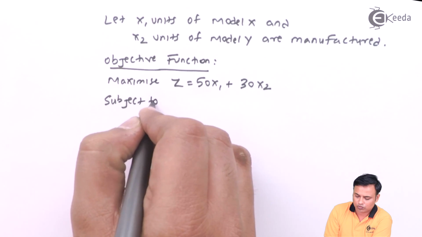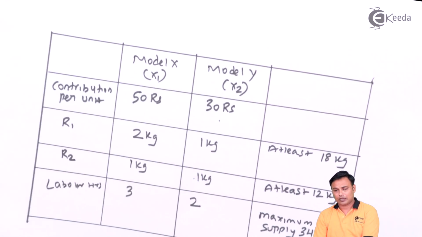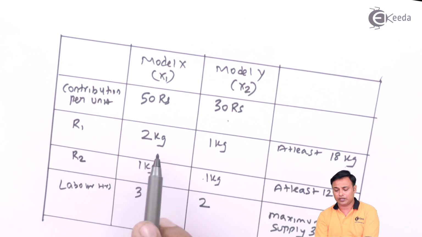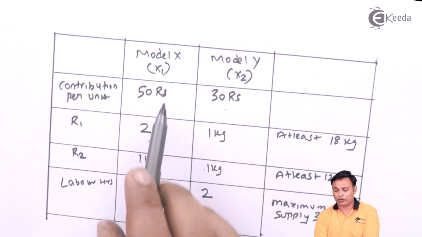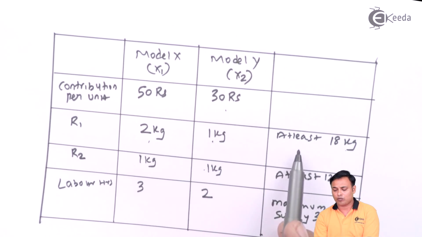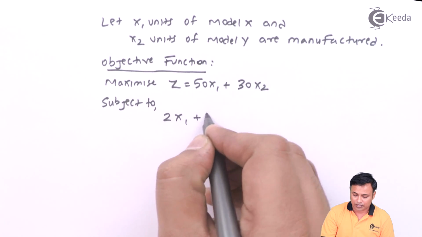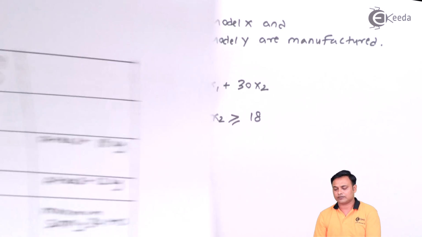Subject to, what are my constraints now? My constraints will be raw material. I should use at least 18 kg of R1 and 12 kg of R2. When I say at least, I will use the sign more than or equal to. It will be 2x1 plus 1x2 more than or equal to 18 kg.